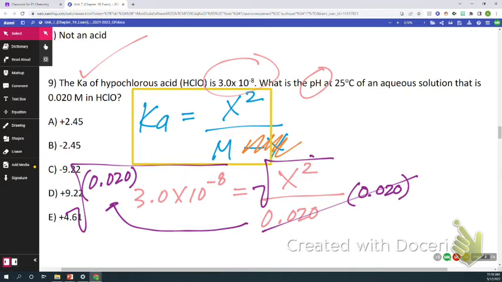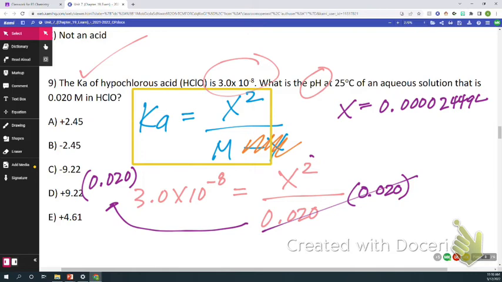When you square root a square, it gets rid of the square, and you're left with just x. So 0.020 times 3 times 10 to the negative 8 power, and then square root that answer. And I got x equals 0.000024494. This was the hardest problem on the test. But that's what x is.